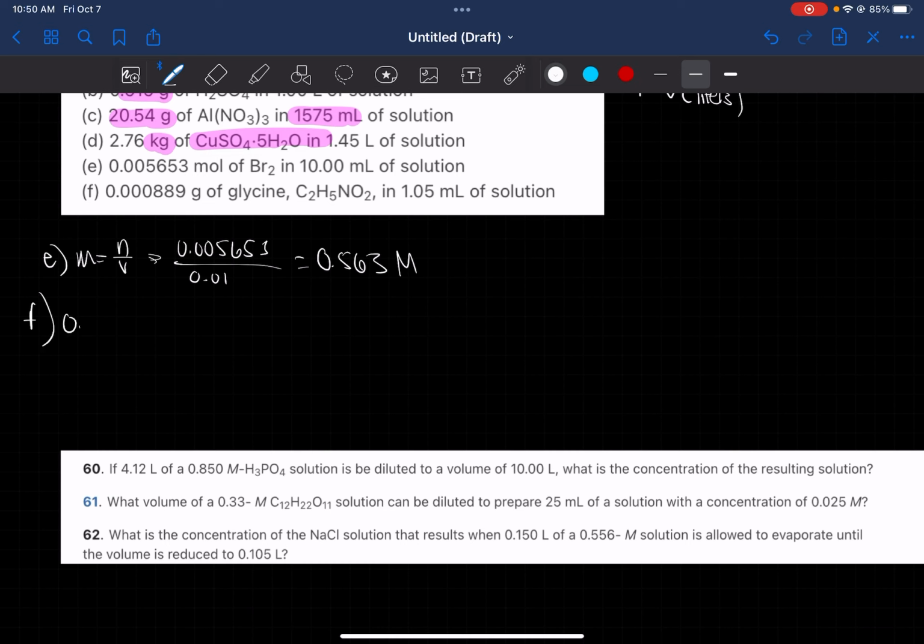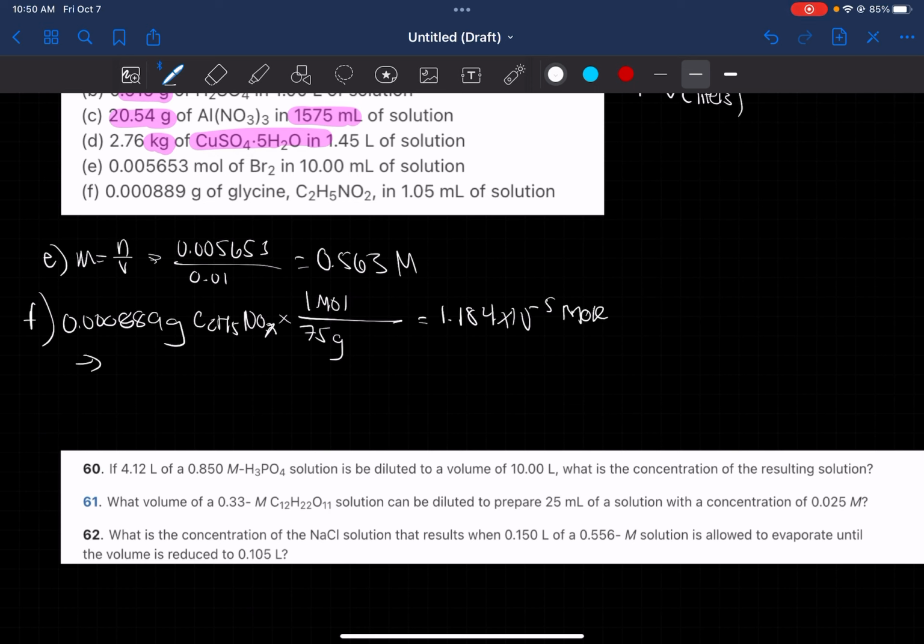So this is 0.0008889 grams of C2H5NO2. You need to get to moles, so you put that over 1 mole, and this substance weighs about 75 grams. If you do the calculation, you get approximately 1.184 times 10 to the negative 5 mole.